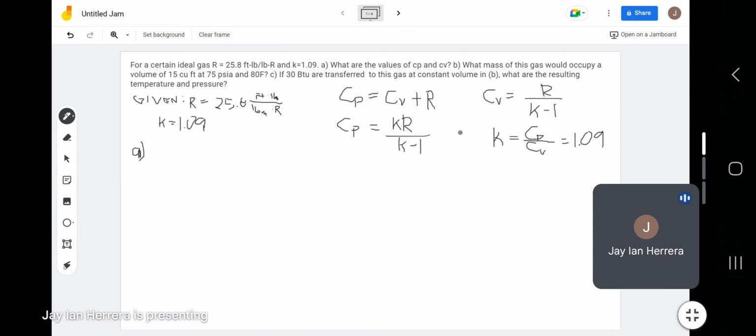Okay. So how do we solve for CP as our first requirement? Gamitin na natin this formula.